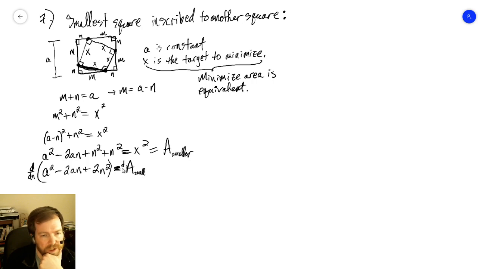So we can do d/dn. So d/dn of the left and d/dn of the right is going to do the same thing as we had before. It's just now not going to give us the derivative terms on the left.